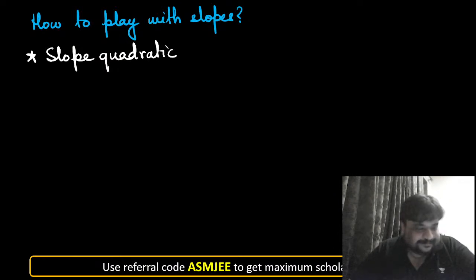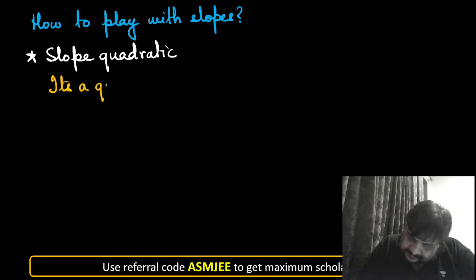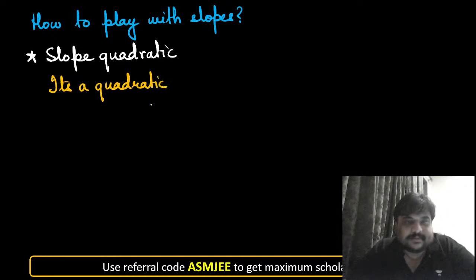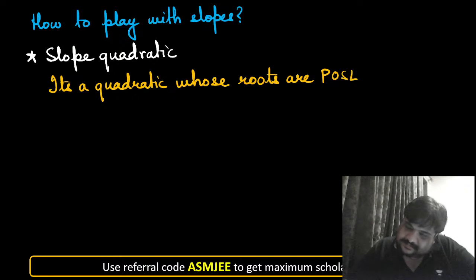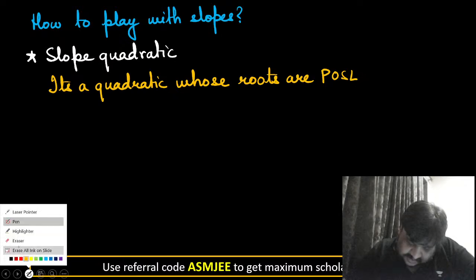Okay, Manopriyo. Now what is this quadratic? It's a quadratic whose roots are slopes of pair of straight lines.